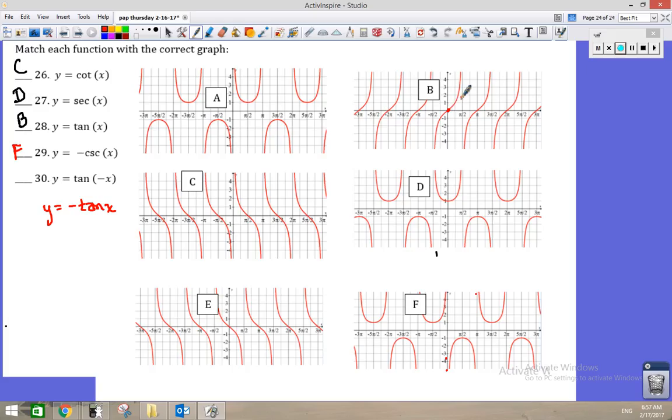If I think of it in reflection in terms across the y-axis, this thing over to the right is now over here to the left, and what was to the left is now to the right. Or if I flip it across the x-axis, what was up is now down. So with an odd function, these two graphs are always the same.